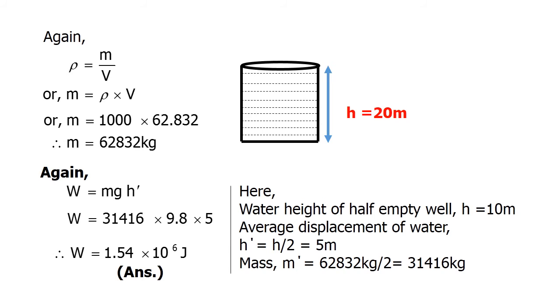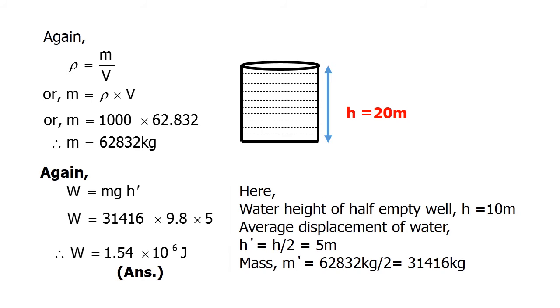Though the first pump will empty half of the deep well, the average displacement of the water will be the main factor. First of all, we have to take the water height of the half-empty well, which is 10 meter, so that the average displacement of the water will be h prime equal to h by 2, that means 5 meter.